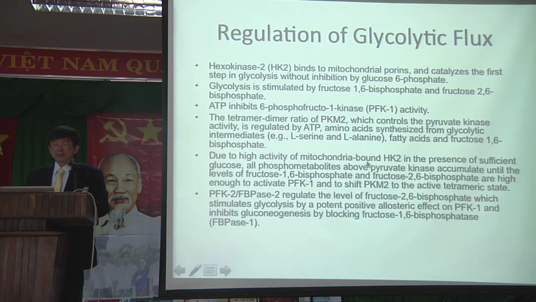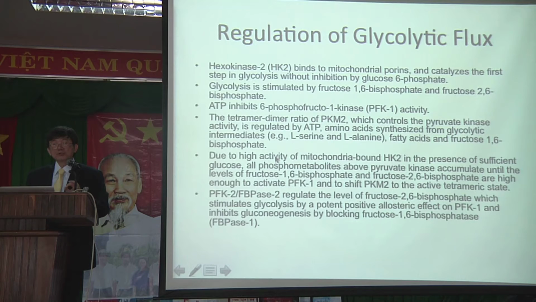Due to the high activity of mitochondrial-bound hexokinase 2 in the presence of sufficient glucose, all phosphometabolites above pyruvate kinase will accumulate until the levels of fructose 1,6 bisphosphate and fructose 2,6 bisphosphate are high enough to activate PFK1 and to shift PKM2 into the active tetrameric form.